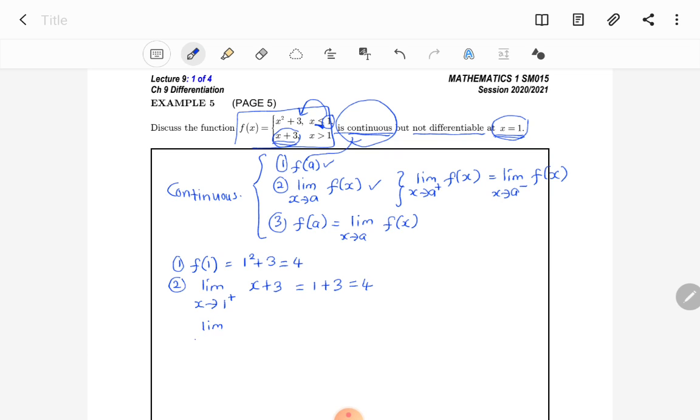And for the limit as x approaches 1 from the left, we will use x squared plus 3 equals 1 squared plus 3 equals 4.